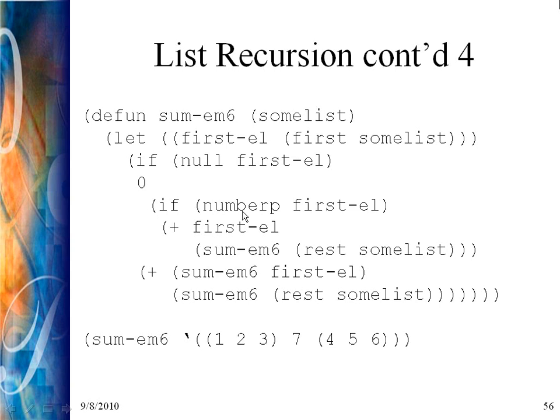If it's a number, it adds the first element to the sum of the rest. And otherwise, which means in this case it's a list, you add the sum of the first element. In other words, you add all the elements of this sublist to the sum of the rest, which is 7 and 4, 5, 6. This is a little confusing, but you should look at this example and work it out.